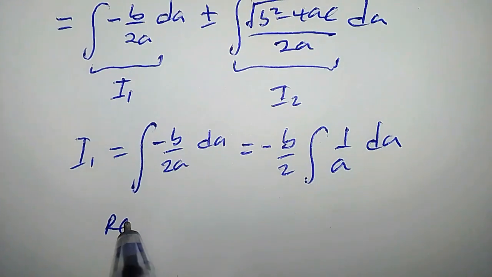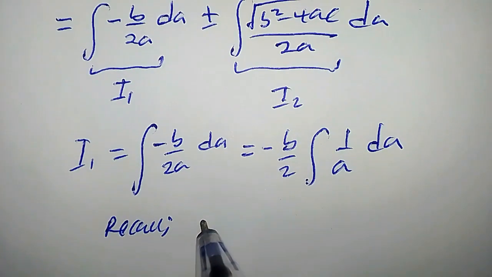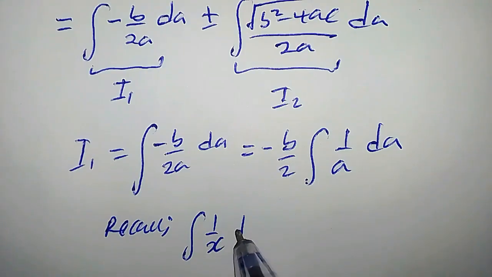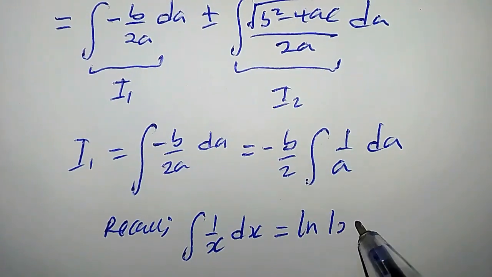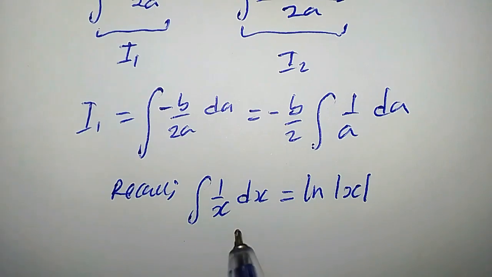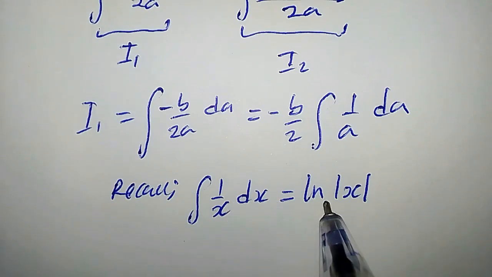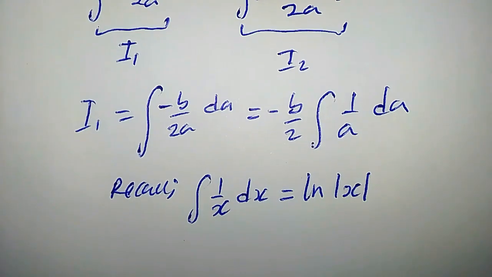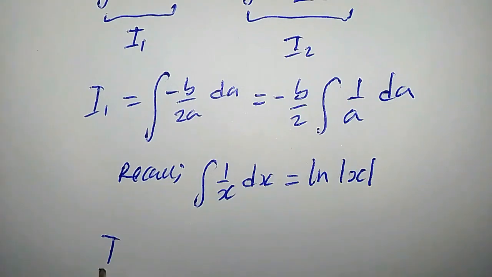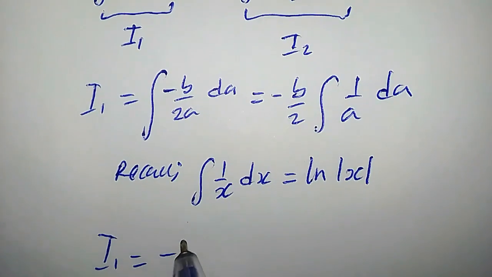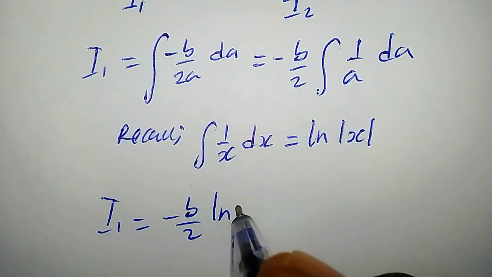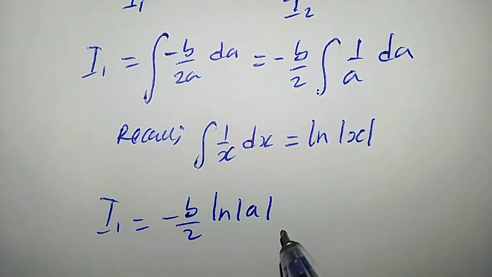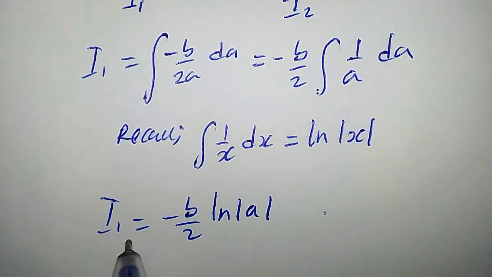Now, recall that whenever we have the integral of 1 over x dx, this is equal to ln of the absolute value of x. If we apply this property, we have I1 equal to minus b over 2 times ln of the absolute value of a. So take note of this I1.